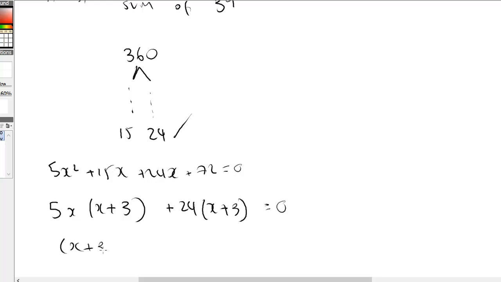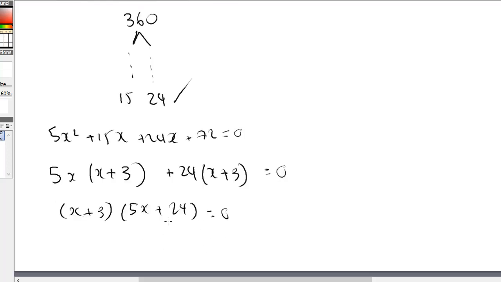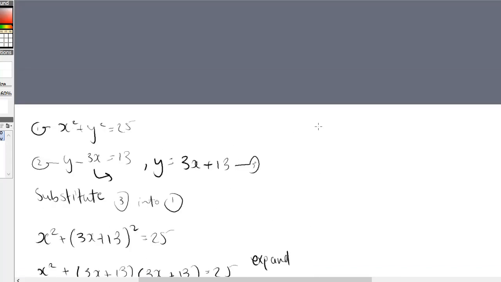So I'm going to have x plus 3, and then I combine the others, so 5x plus 24. So just combine the coefficients of the two brackets to give us our final bracket. So x is going to be minus 3, or x will be minus 24 over 5. I'll write that out more neatly.